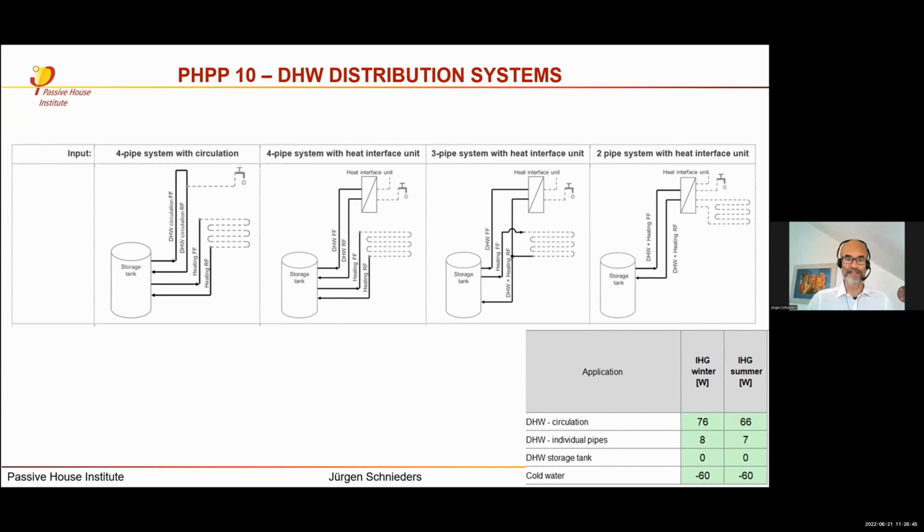Without going into too many details here for time constraints, this is the standard system, one circulation line for heating, another one for domestic hot water.